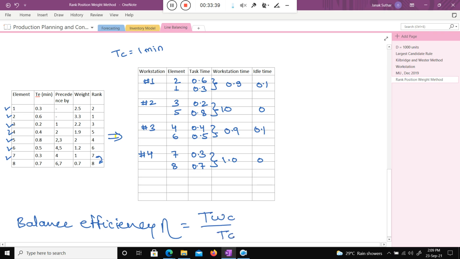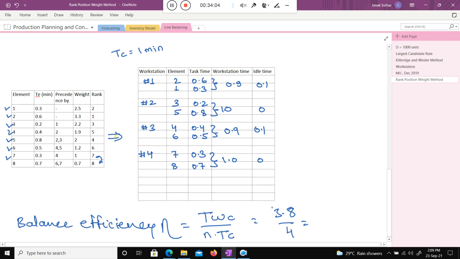And what is the TC? Here I am not considering only TC but N times TC, because every work element gets that cycle time. So I provided 1 minute for every workstation, so 1 times the number of workstations, which is 4. 4 into 1 is equal to 4. So 3.8 divided by 4. What will be the efficiency, class?